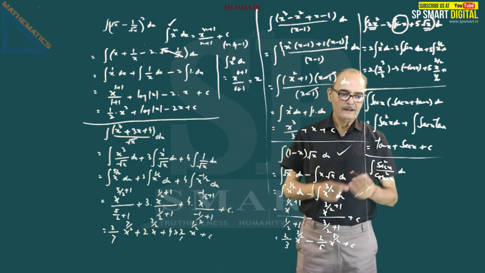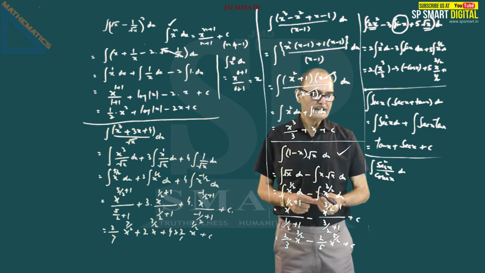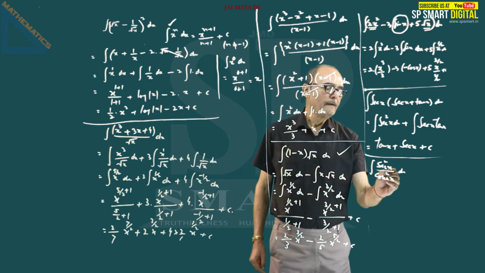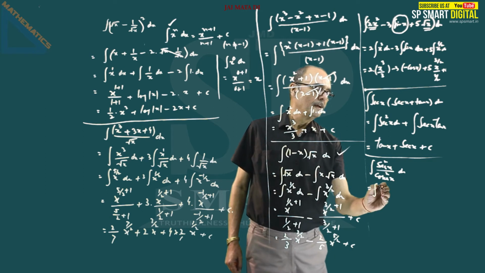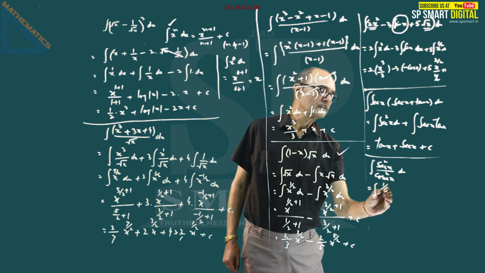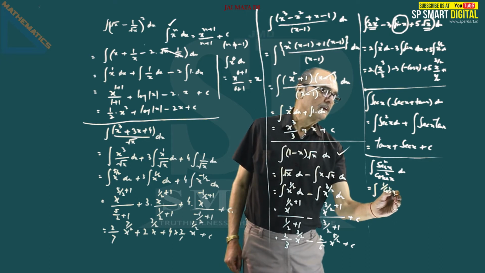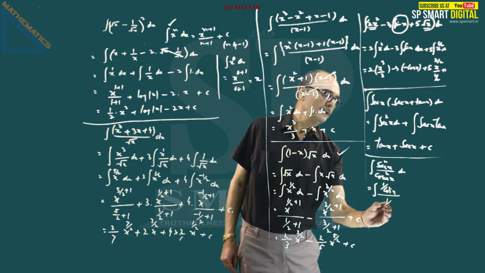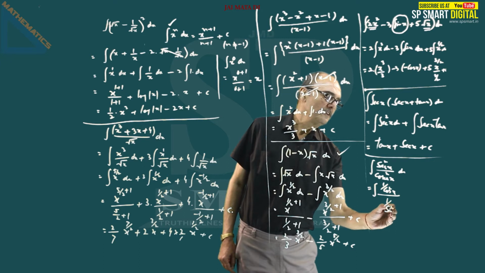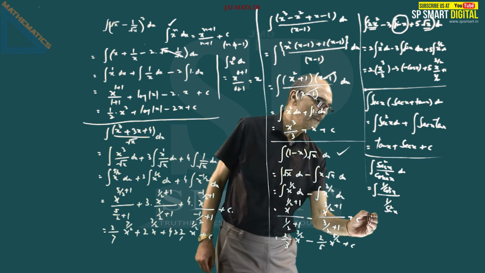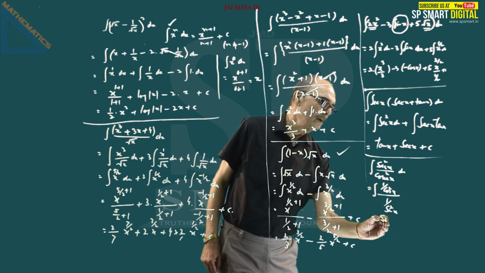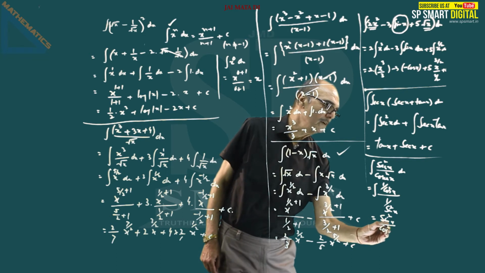Now, to put it in the standard form, we can write this as 1 by cos square x, divided by 1 by sin square x, which can be written as sin square x upon cos square x d of x.